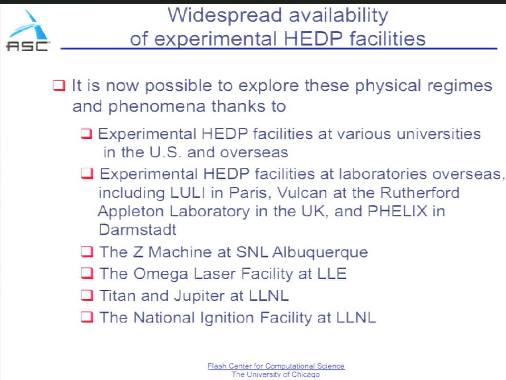For example, overseas these include LULI in Paris, the Vulcan facility at the Rutherford Appleton Laboratory in the UK, and FELIX in Darmstadt in Germany. In the US, among the premier facilities nationally are the Z-pinch machine, or the Z machine, at Sandia National Laboratories in Albuquerque, the Omega Laser Facility at the University of Rochester Laboratory for Laser Energetics, and the Titan and Jupiter lasers at Livermore.